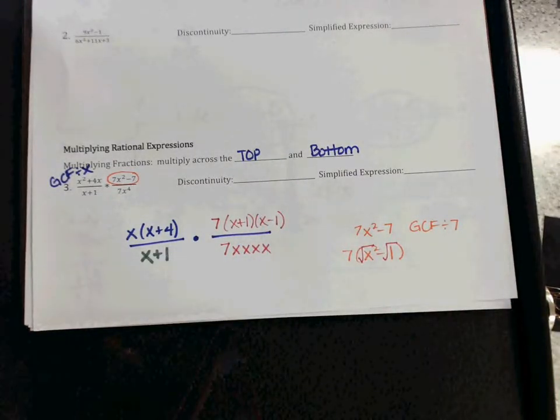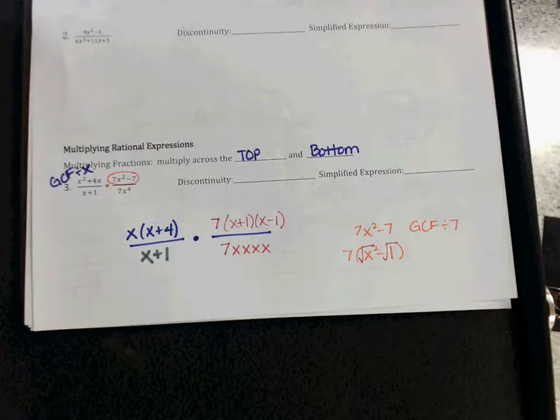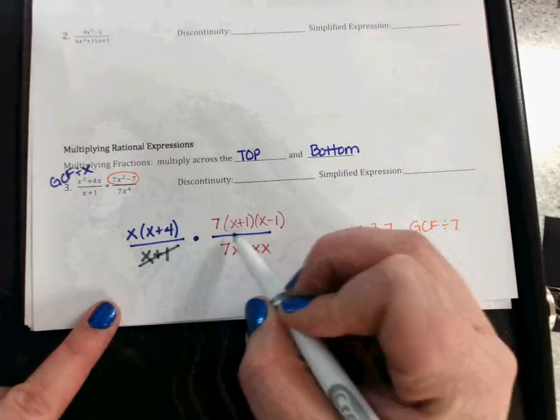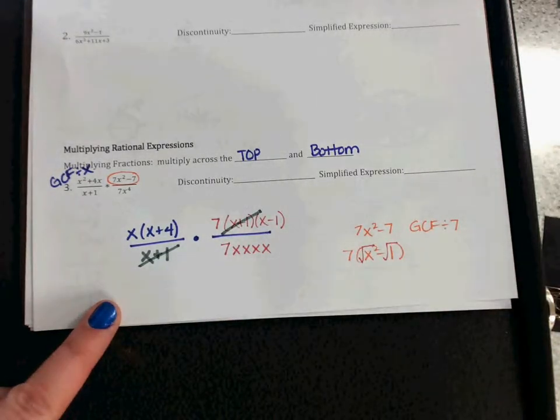It was almost a perfect square, but I had to take that 7 out to make it a perfect square. Then from here, yesterday we learned you're going to look for your common factors that you can cross out. What can we cross out here? The x plus 1s. And one other thing.